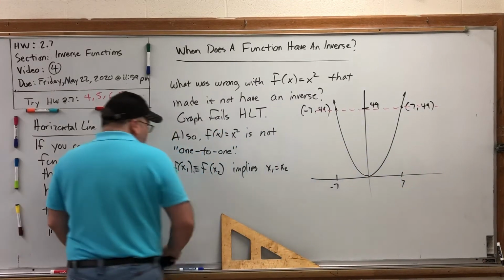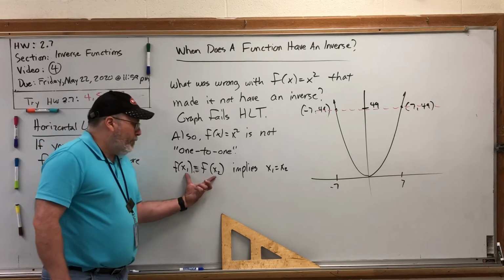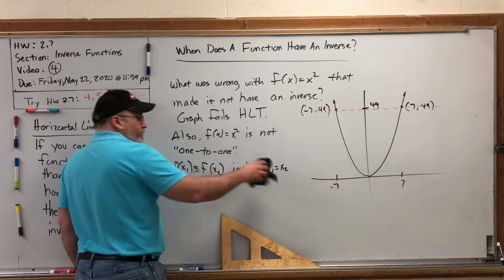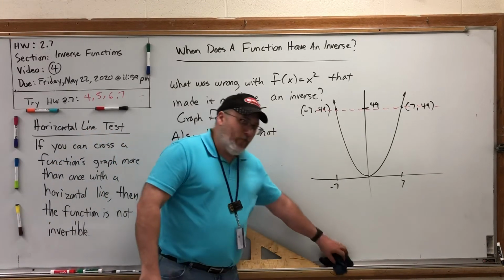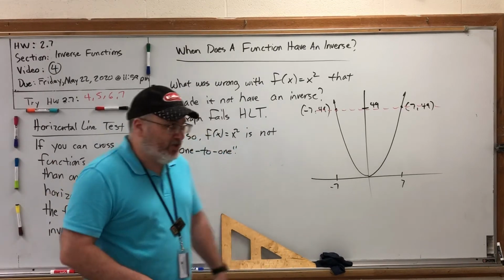So in the homework, when it talks about a function being 1-to-1, that means the only way the outputs can be equal is if the inputs were equal to begin with. This function wasn't 1-to-1 because having equal outputs like 49 did not guarantee equal inputs like 7 and -7.